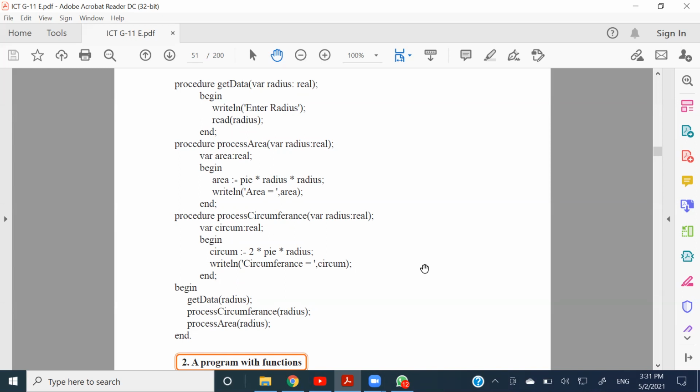Real. Well done. And how many statements are there in the get data procedure? There are 2 statements, which are these 2.